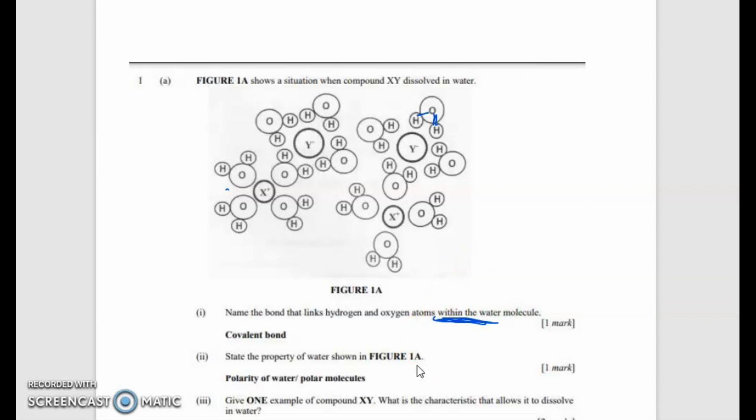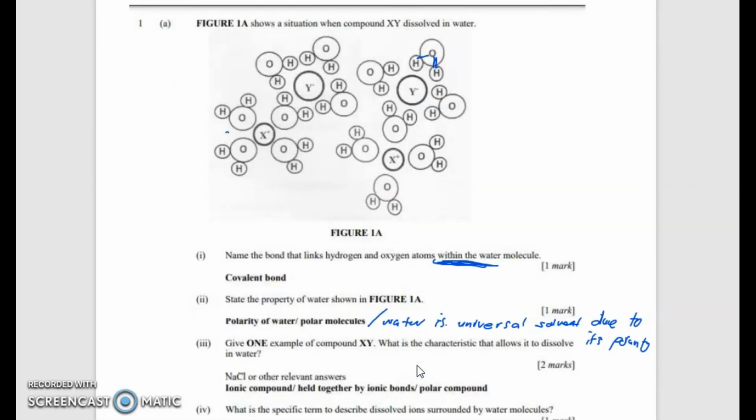Okay, for safety, this is the best answer: water is a universal solvent due to its polarity. That is the safest. Water is a universal solvent due to its polarity.